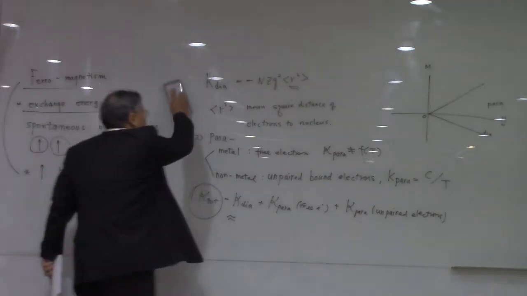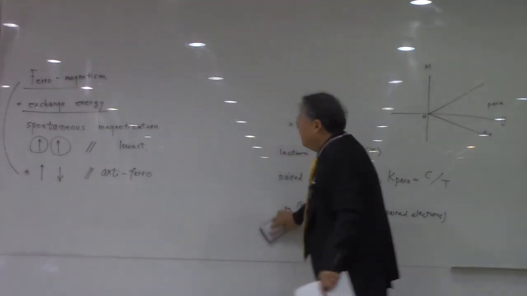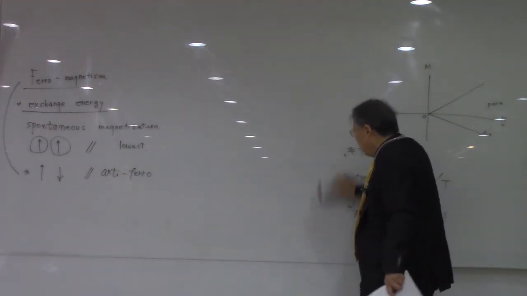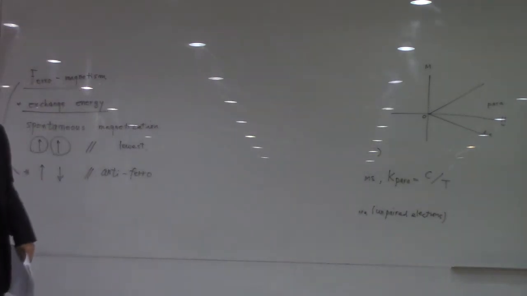Then you naturally say, wow, if ferromagnetic materials want to align themselves in one direction, then we are going to have a very big magnetic moment, right?